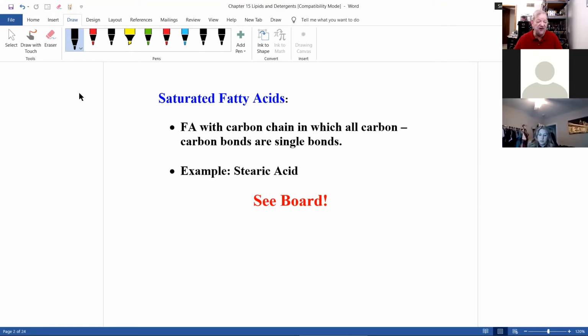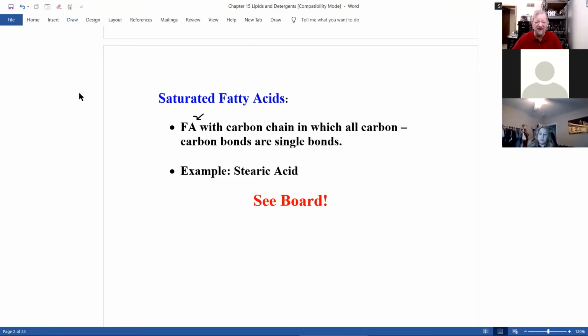Now, I just noticed something. I didn't even realize it. See right here, FA, that should be fatty acid. If you're in the industry like I have been for many years, that's the abbreviation. So you should know.